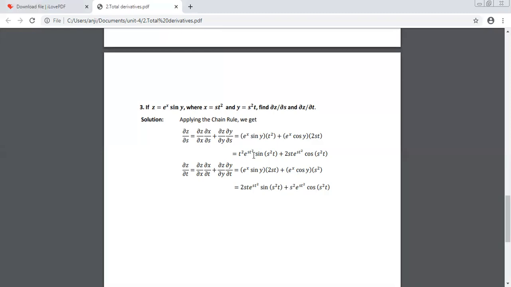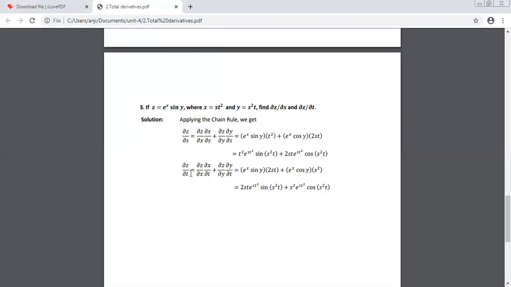So this total value is t² e^x sin y plus 2st e^x cos y. Putting x as st², we get t² e^(st²) sin(s²t) plus 2st e^(st²) cos(s²t).